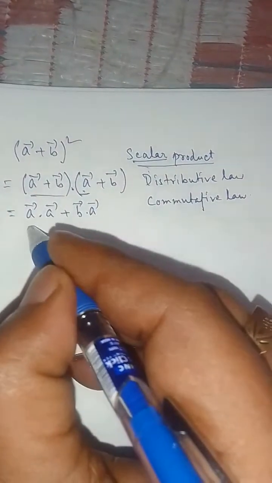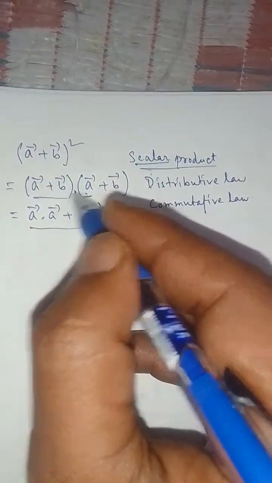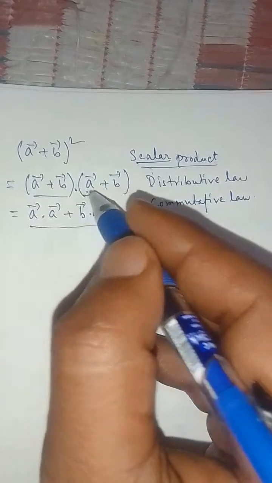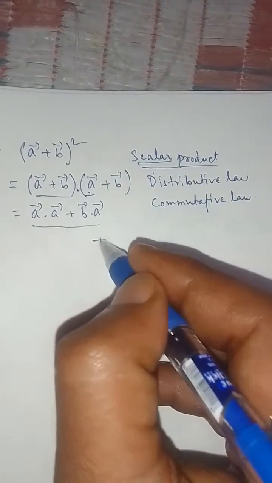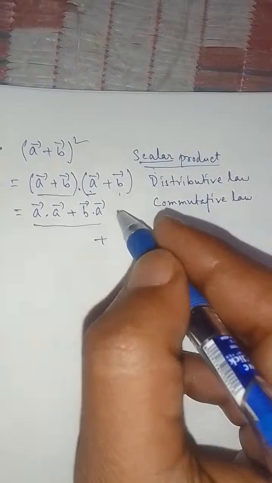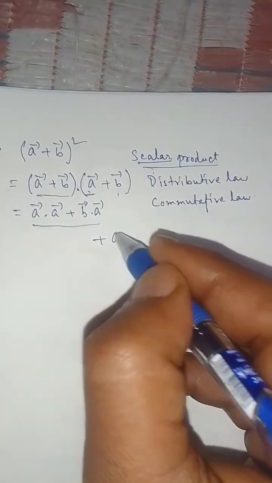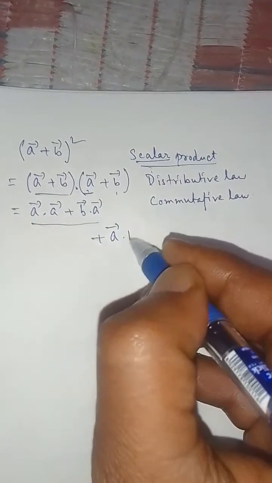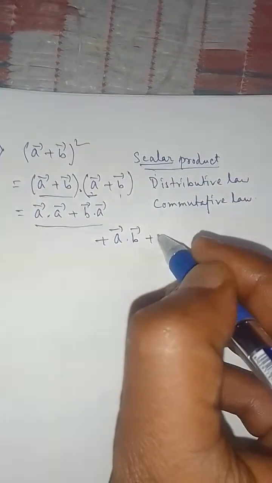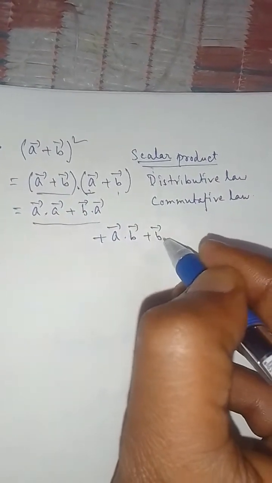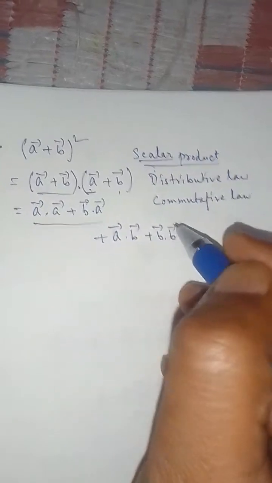That's why we can do this with a vector, the distributive law, plus with b vector, plus b vector b vector.